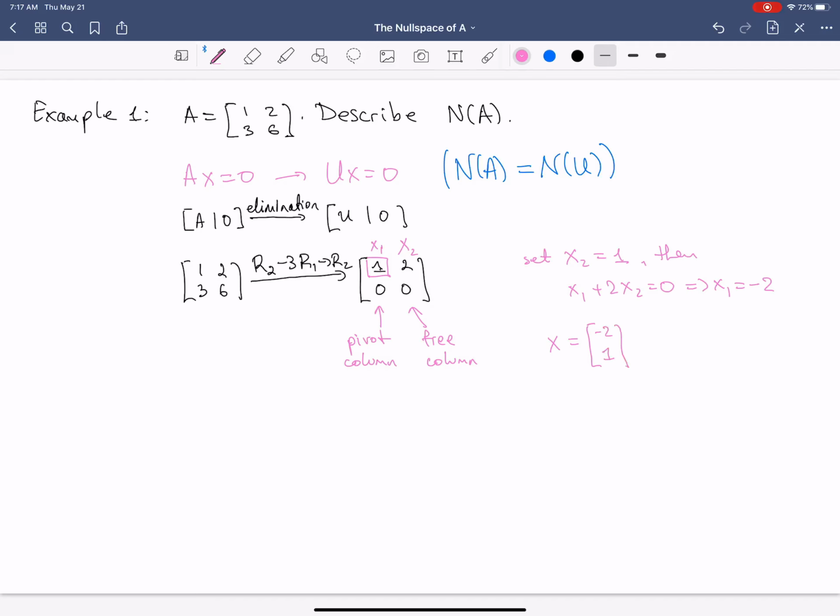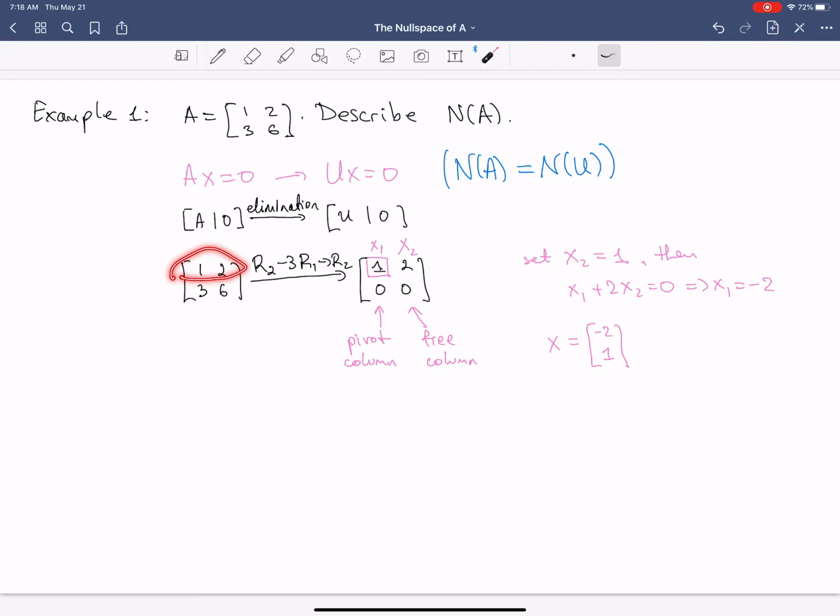Now, does this x solve AX equals 0? And does it solve UX equals 0? Well, when you do row by column multiplication, yes, this definitely solves UX equals 0. If you have 1 times -2 plus 2 times 1, that is definitely 0.